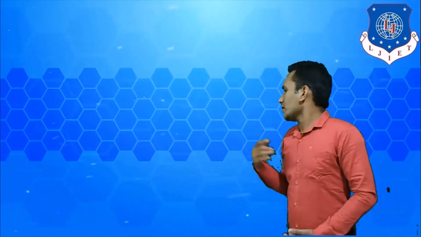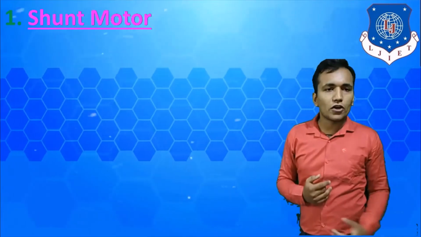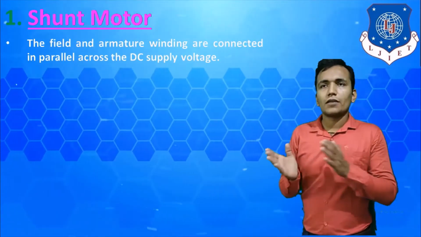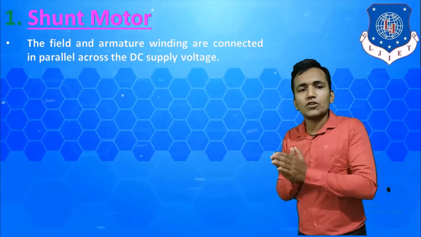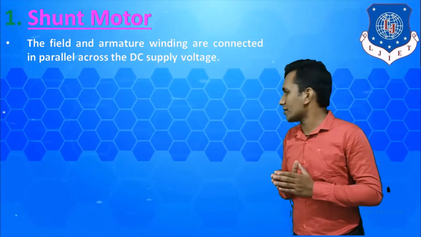Now we have to discuss the next topic, the shunt motor. As per the name of this motor, it has a parallel connection. So the field winding and armature winding are connected in parallel across the DC voltage supply.